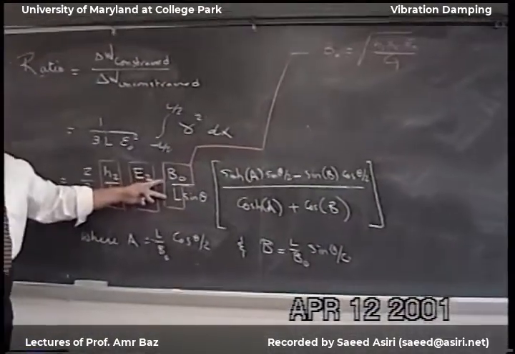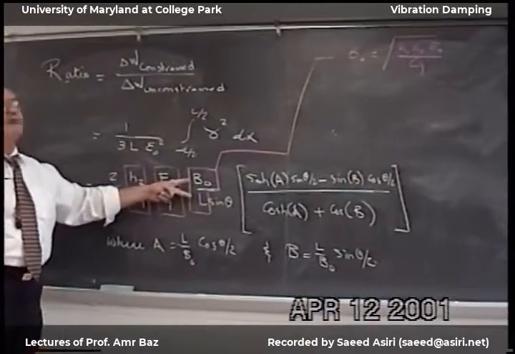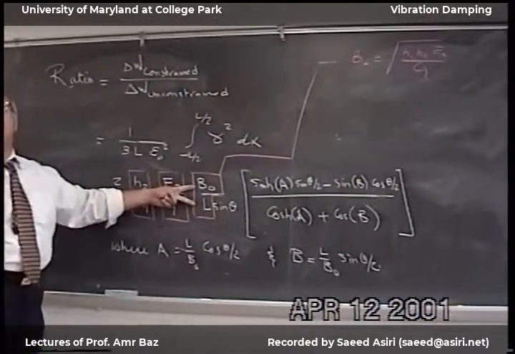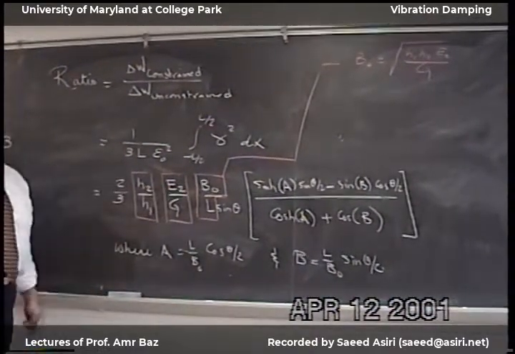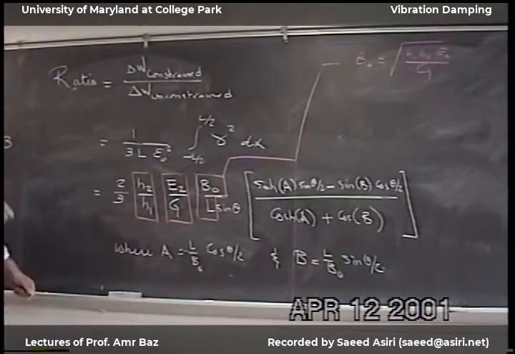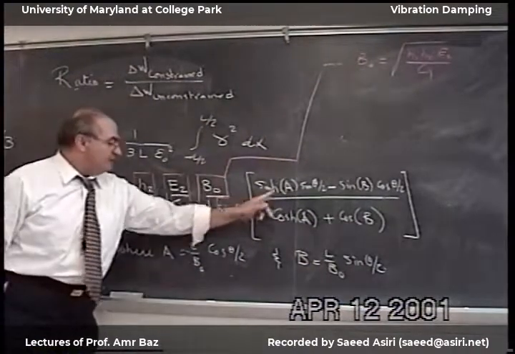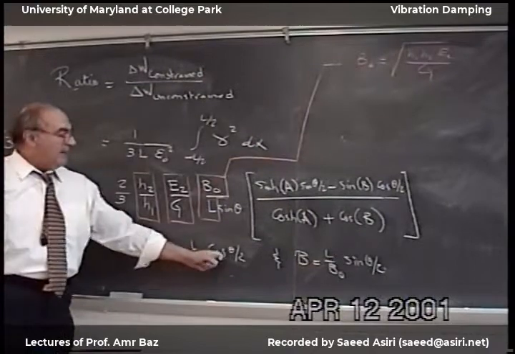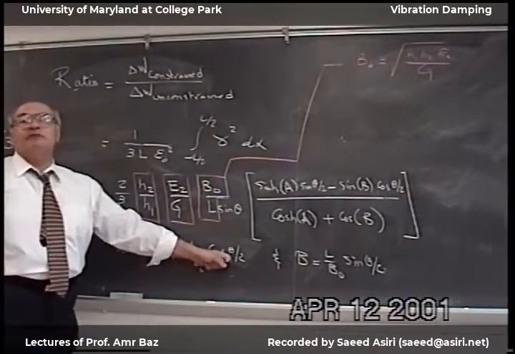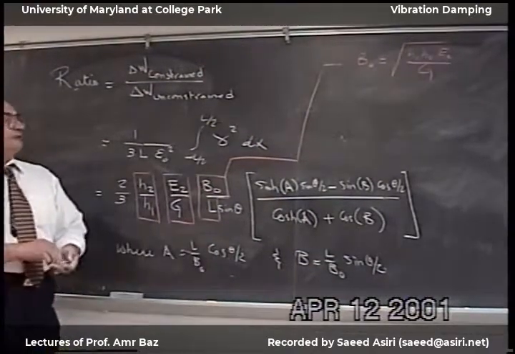I'm going to use the best constraining layer, which has this ratio, 1 over 3.28. So now the A depends on this ratio and the viscoelastic loss factor.